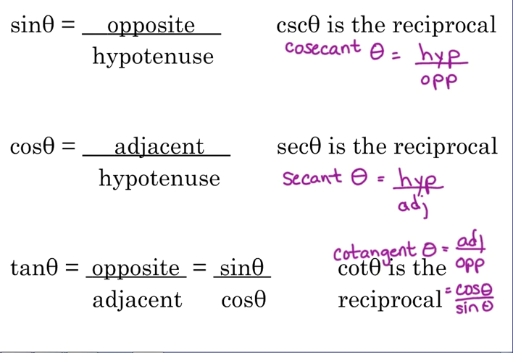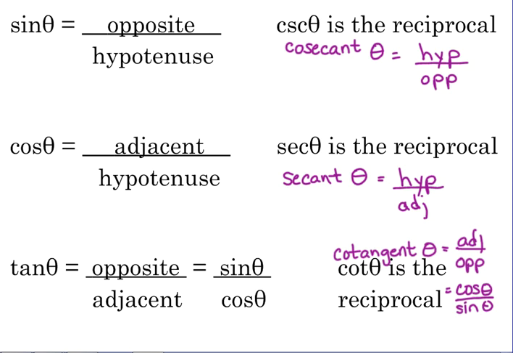Also, I don't know that they'll necessarily ask you anything about the reciprocal functions, but here they are. Can't hurt for me to tell you about it. The reciprocal of sine is cosecant, CSC.